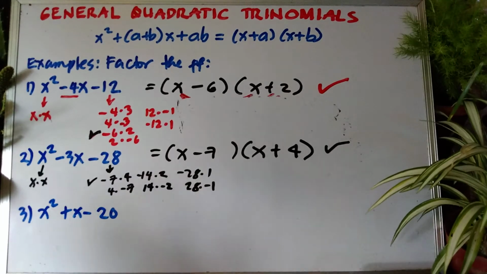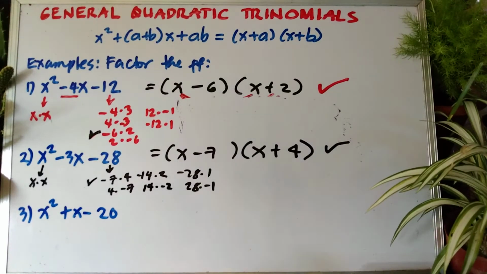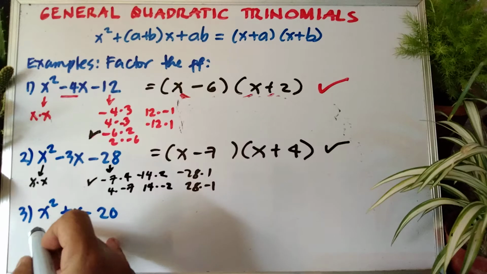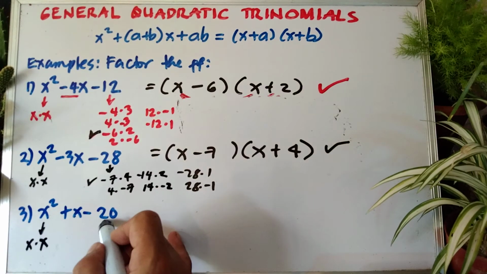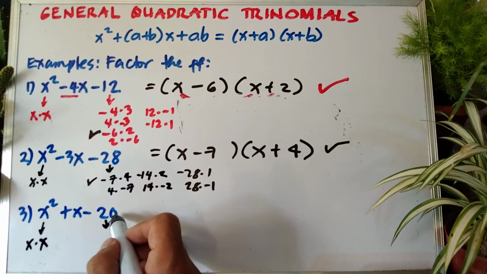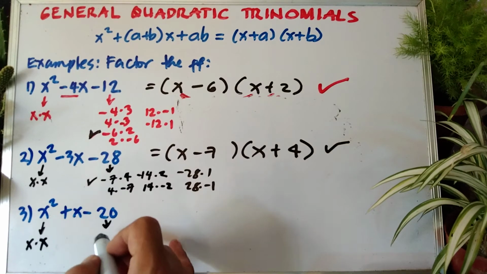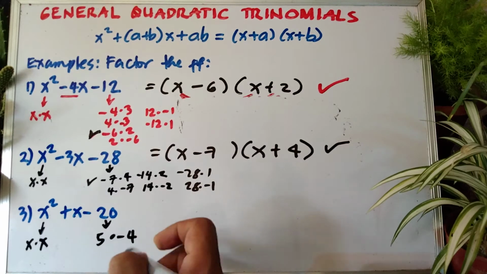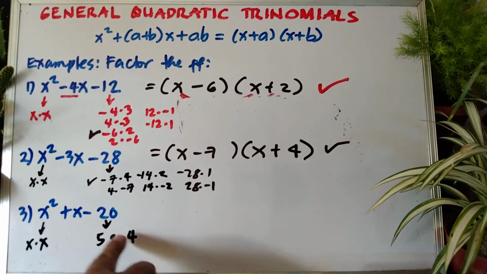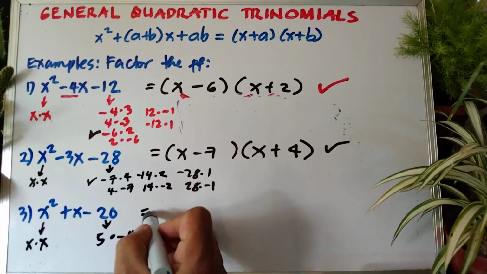Okay. It's still a trinomial whose leading coefficient is 1. So, madali lang ito. Again, x times x lang yan, yung factors ng x squared. Ito, si negative 20, tapos 1 sa gitna, pwede mong gamitin si 5 times negative 4, because 5 minus 4 is 1. Okay? So, yan na yan.